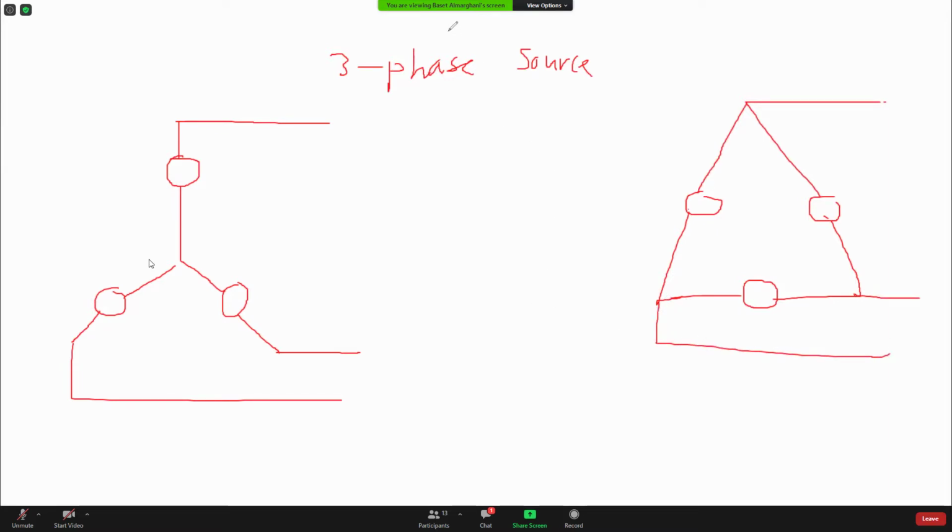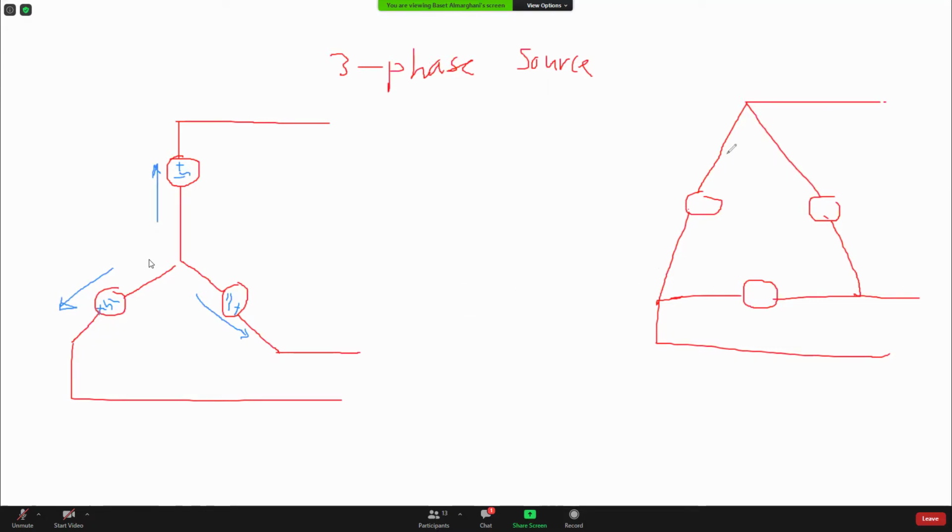Now, when they're connected in Y, the polarity is like that. Now they're not DC, but we still consider the polarity. They're AC sources. So there is current leaving this way, current going through this out, and current going through this out.